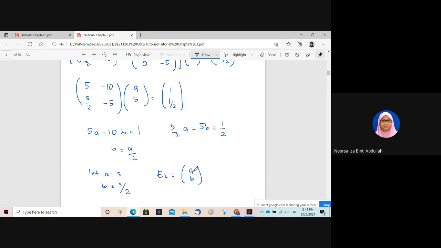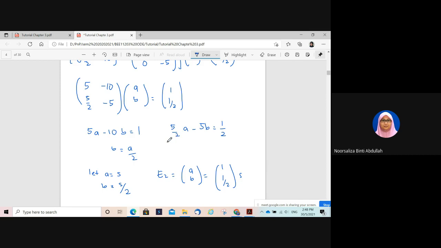If we replace with this value, then we will have E2 equals to 1 over 2. So we have E1 and E2.